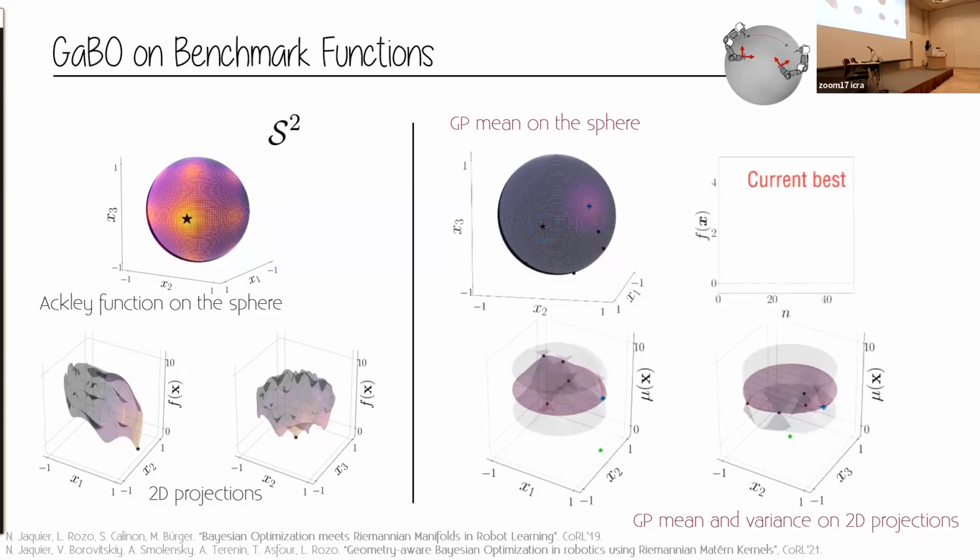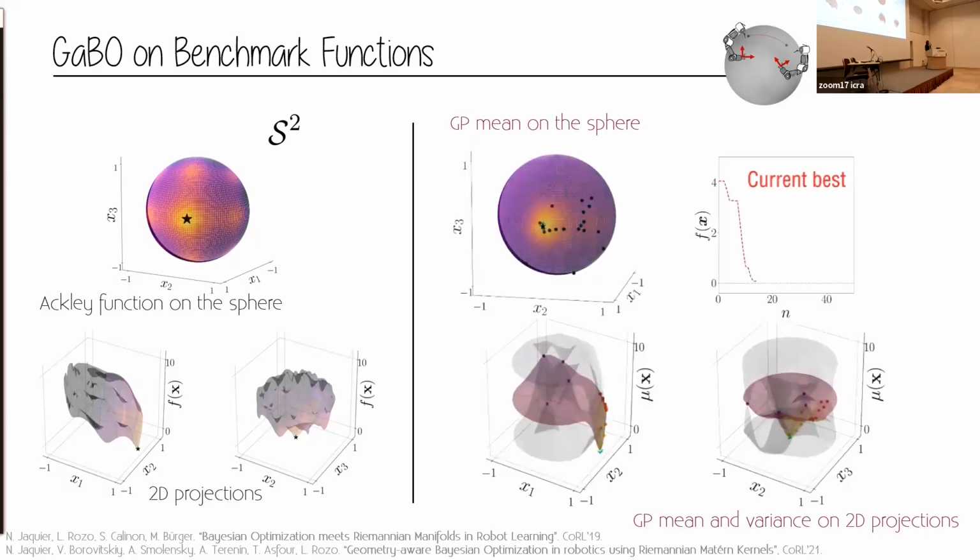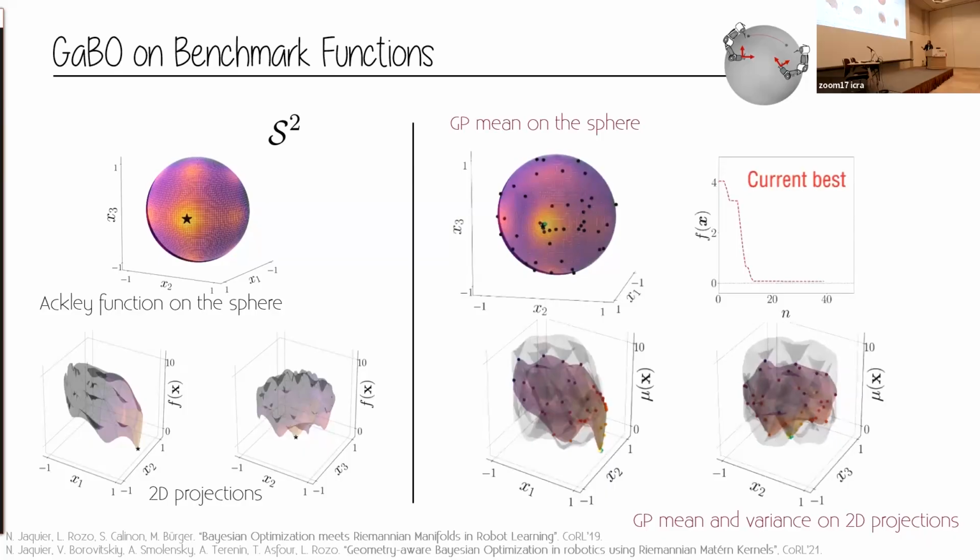And I will show you the evolution of the value of the function through iterations. So you see here we started the Bayesian optimization, and quite quickly the Bayesian optimization exploits and converges to something that is quite close to the ground truth optimum. And then there is an exploration phase where we are querying points in high uncertainty zones. And you see that here basically after 15, 20 iterations, we already have something that is very close to the optimum.